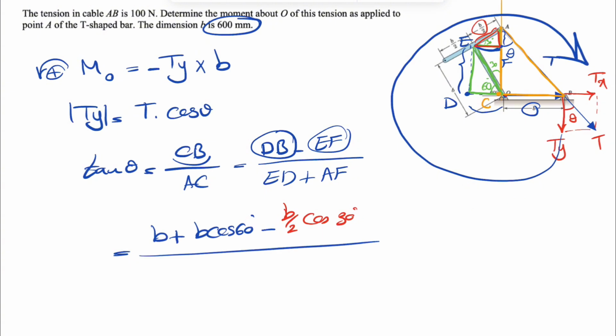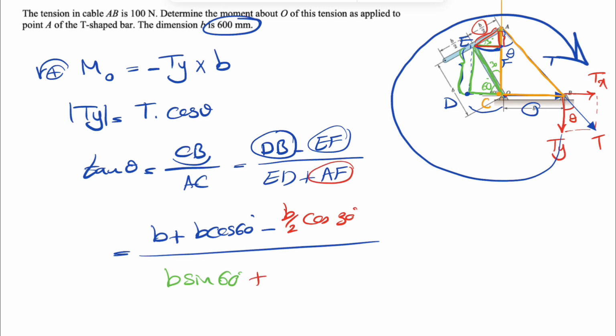For the bottom, it's ED plus AF. ED, if we look at the green triangle, would be B sine of 60. For the red part, we need this side, which is AF.